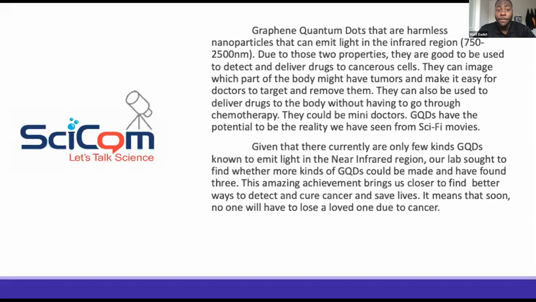And since near-infrared light is so deep that it can penetrate the skin and blood, you can see it. You can basically map out the position, and if it happens to be on the cancerous cell, for example, you can see the exact position as to where the cancerous cell is.